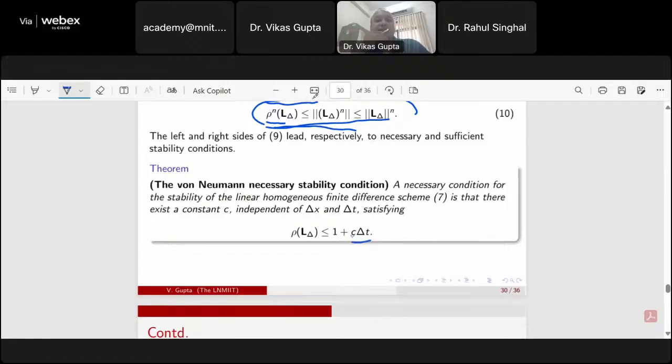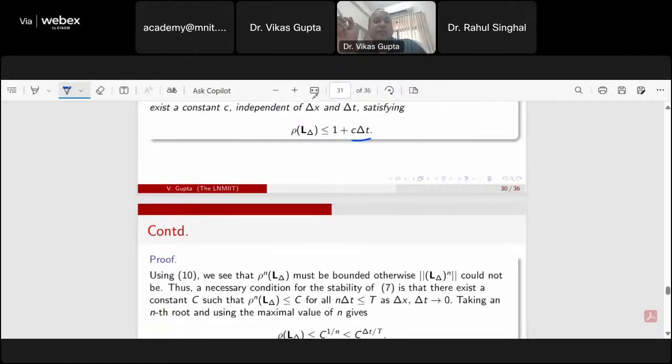Note that this is a necessary condition, not sufficient. If this condition is satisfied, it is not necessary that the scheme will be stable. But if any scheme is stable, then that condition definitely will be satisfied.